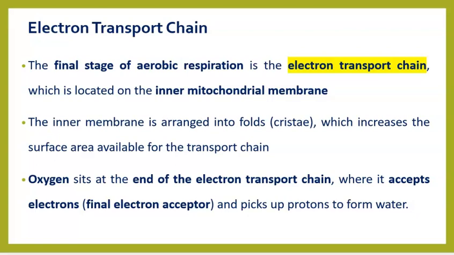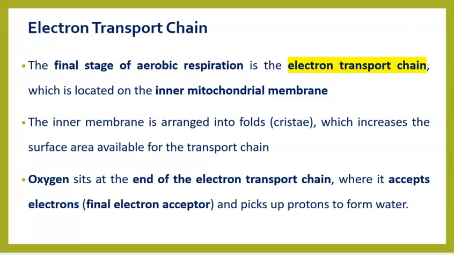Mitochondria is a double membrane structure. When we discuss cellular organelles, we will go in details about the structure. But for now, please remember glycolysis in the cytoplasm, Krebs cycle in the matrix of the mitochondria, and electron transport chain takes place in the inner membrane of the mitochondria.